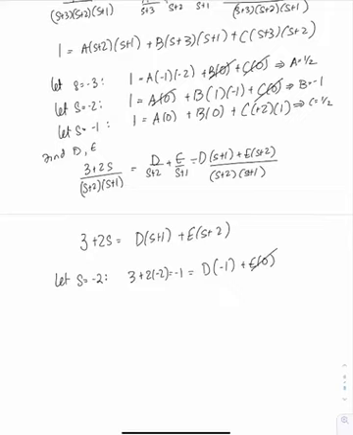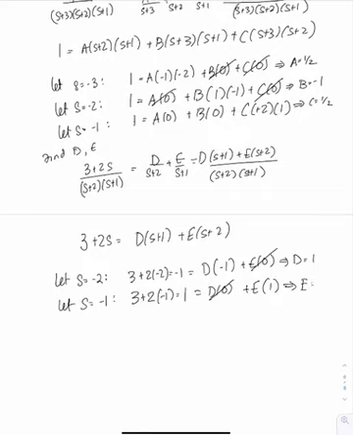So you get d is 1. Then you let s equals negative 1, and what do you have? 3 plus 2 times negative 1, which is 1, equals d times 0, that's gone, plus e times negative 1 plus 2, which is 1, so you get e is also 1.